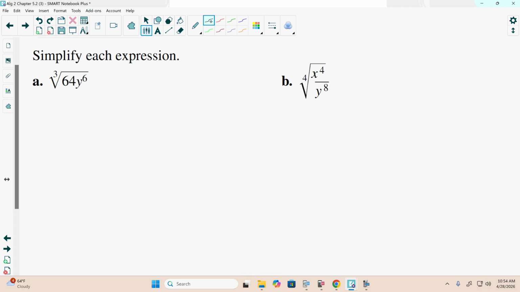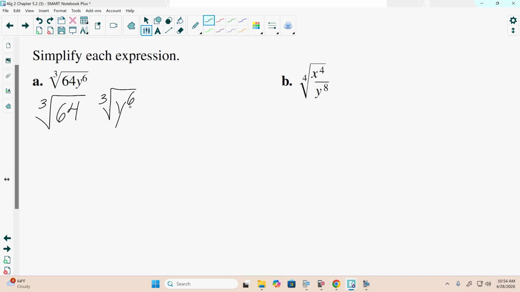So the first one we have is the cube root of 64y to the 6th. Well, the way we talked about it the other day, we can break it up into its two parts. The cube root of 64 and the cube root of y to the 6th.